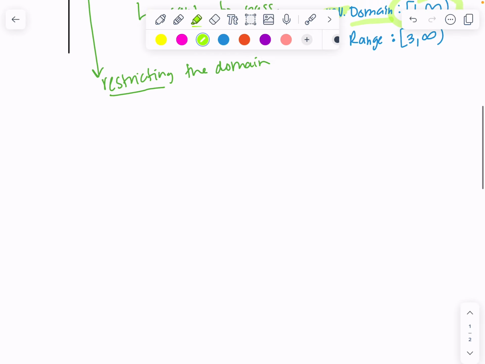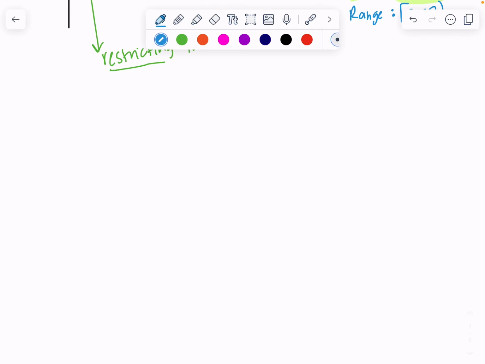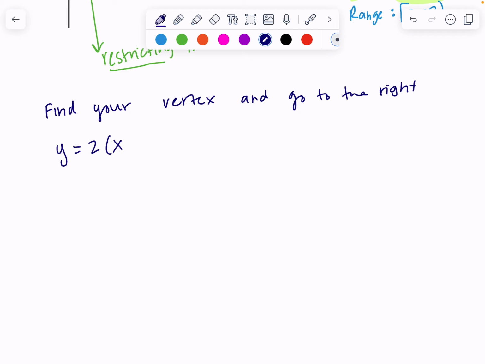So once again, the quick way to find the invertible domain is just find your vertex and go to the right. So say that I have y equals 2x plus 5 squared minus 3.